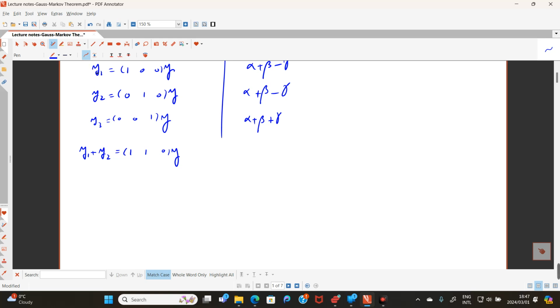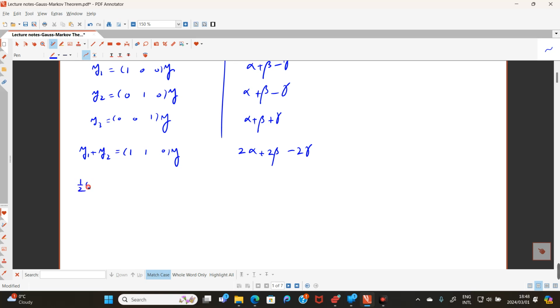Here y1 is a linear function of y, y2 is a linear function of y. So everyone is a linear function of y, and when you add y1 plus y2, you will get 2 alpha plus 2 beta minus 2 gamma.